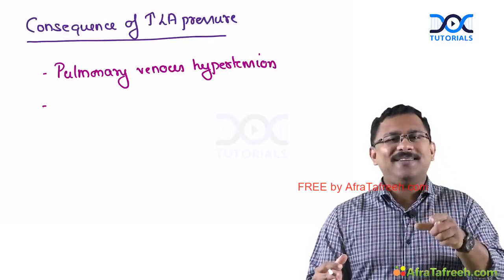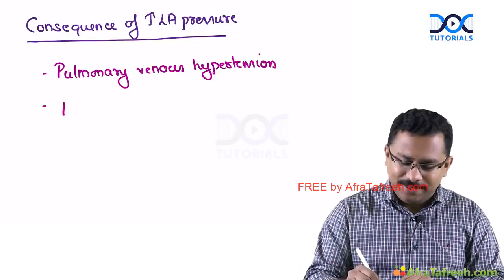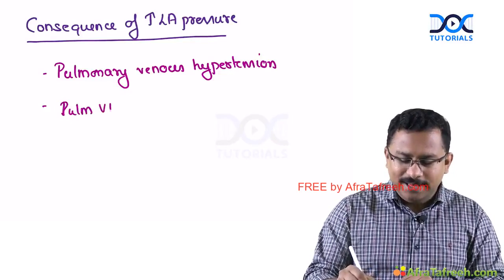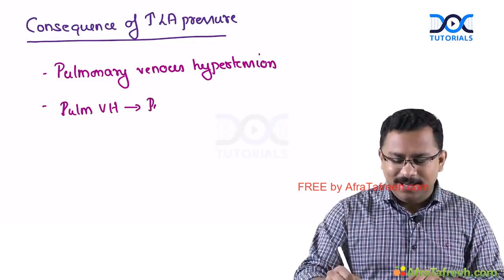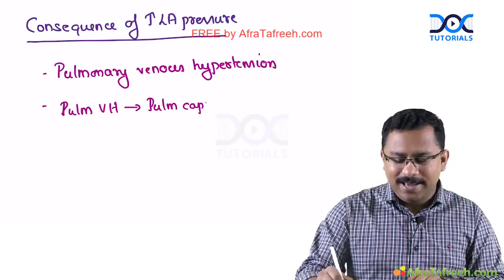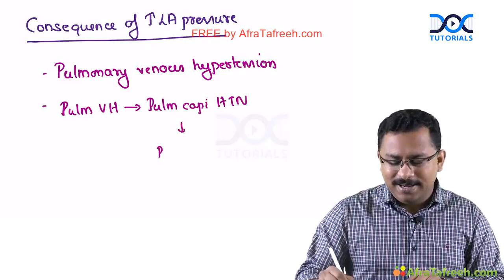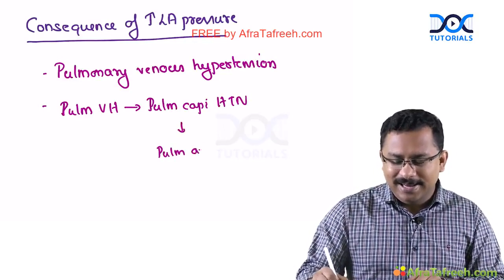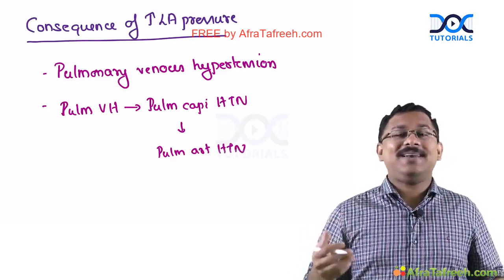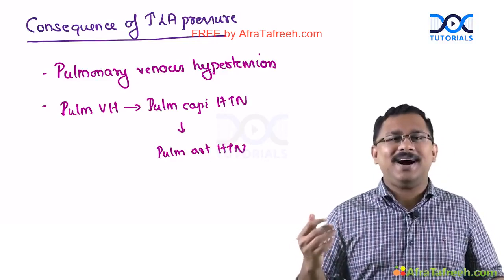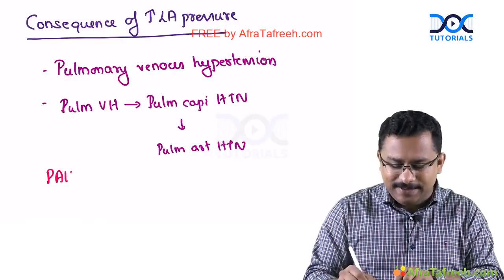Now this pulmonary venous hypertension can lead on to a pulmonary capillary hypertension and a subsequent pulmonary arterial hypertension. Okay, so there can be a leading on to a pulmonary capillary hypertension and a pulmonary arterial hypertension. So you can have a PAH that is developing.